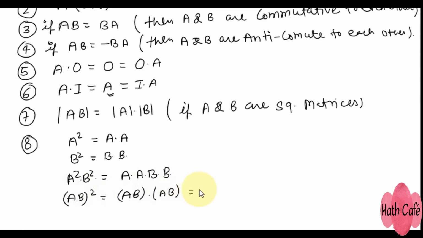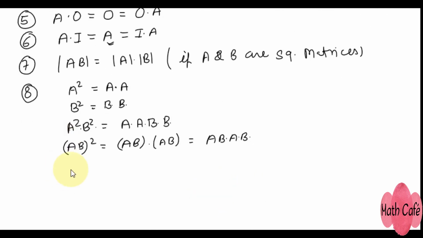So we can deduce that AB square will not be equal to A square B square. Both the terms are different.